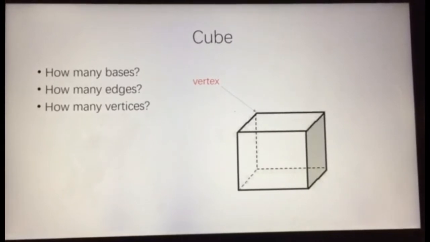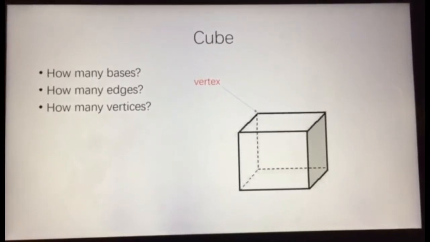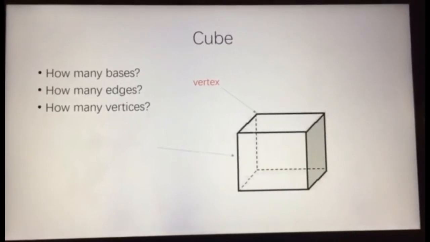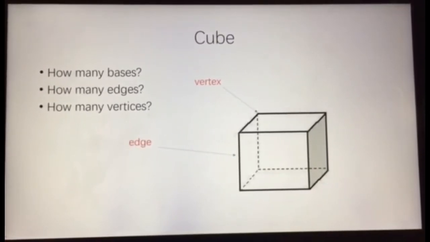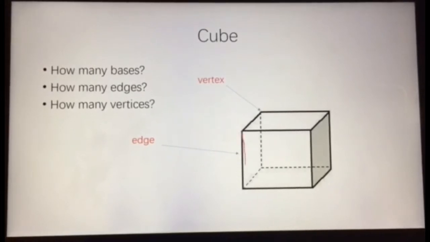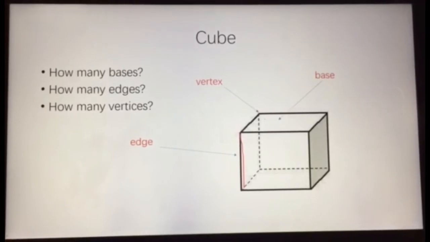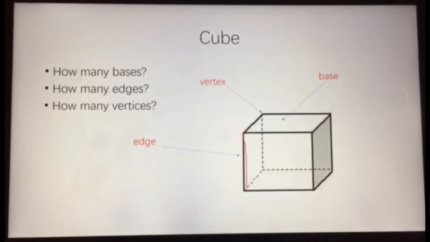This is a cube. For a cube, this is the vertex. Here, the point. This is the edge. Here, the straight side, the line. And this is the base. Here, the flat surface.